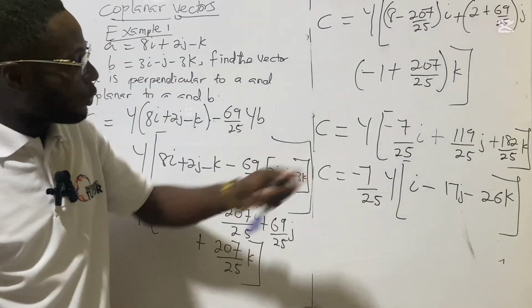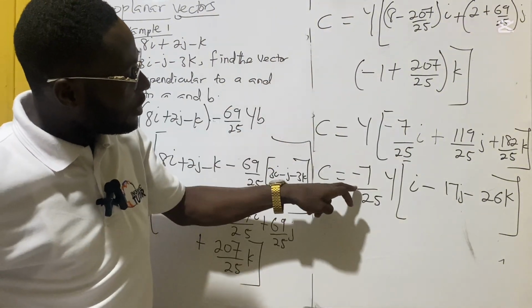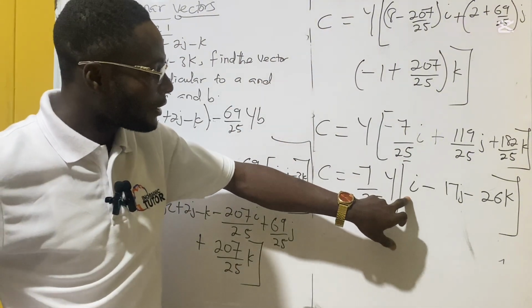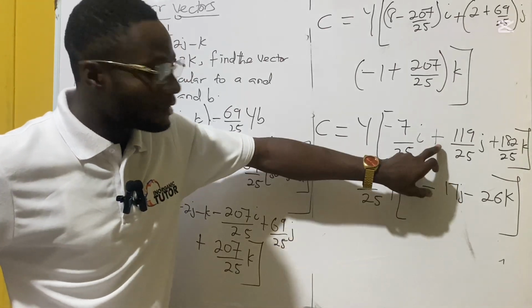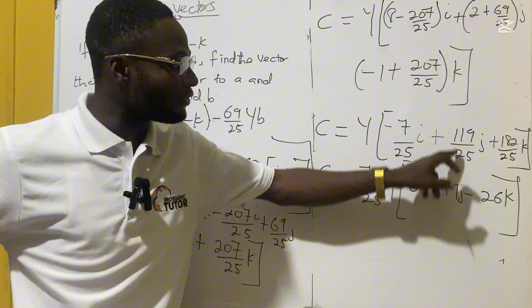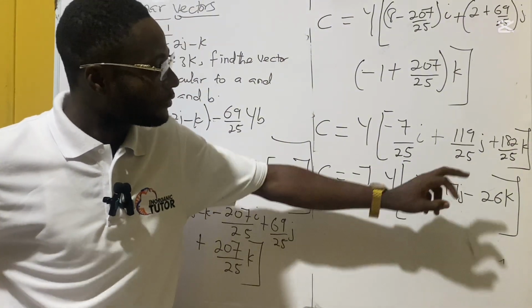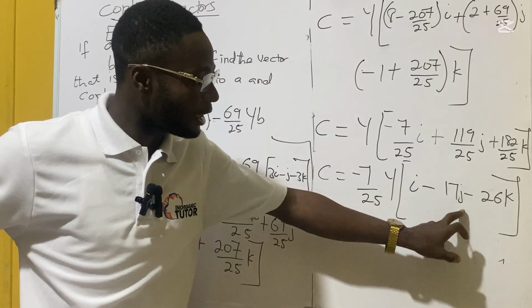So you see, when you factor minus 7 over 25 out, then you're going to have your i inside minus, this is positive, so you have to make it negative here so that when it comes back, you have your positive 119 over 25, right? The same thing applies to this section, minus 26k.